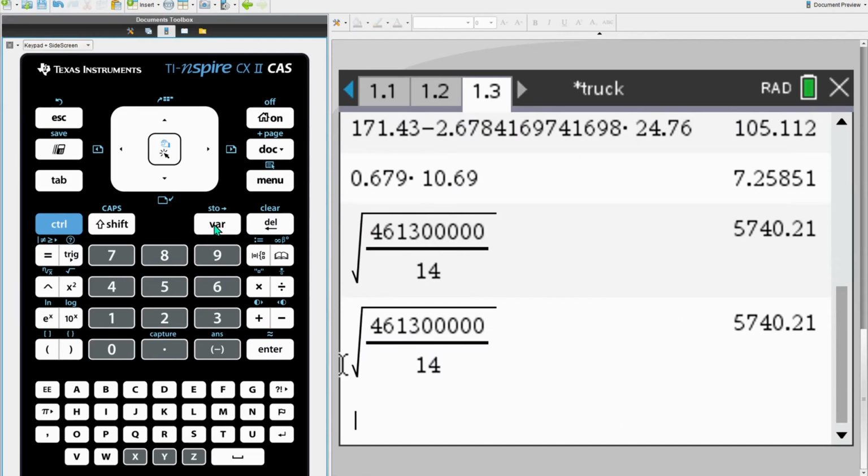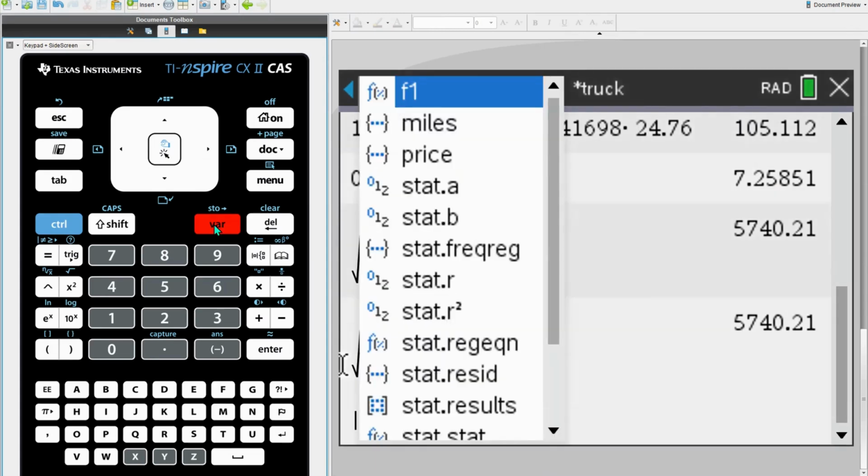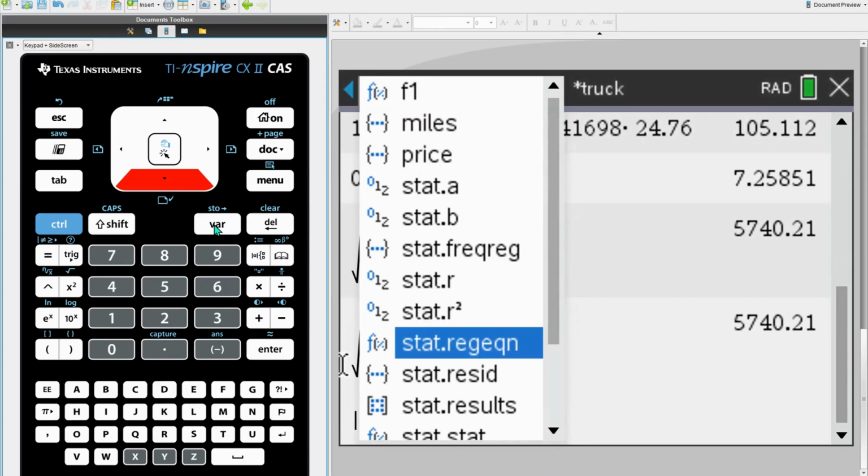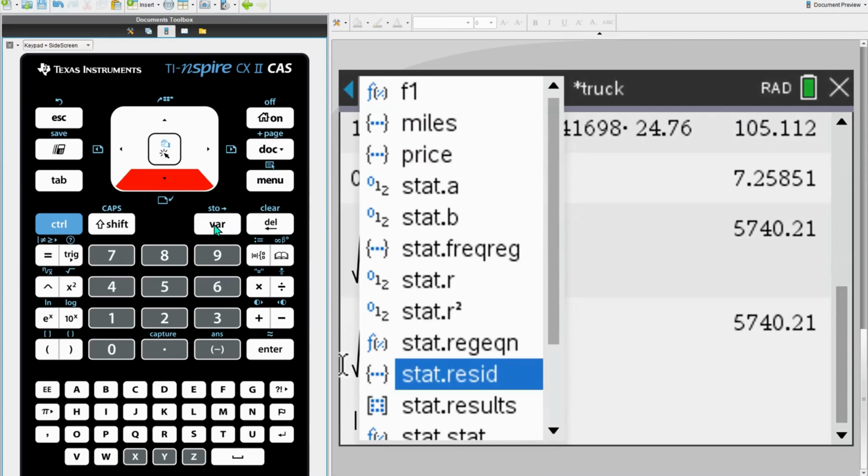under var, there's a pop-up menu of all the kinds of things that have been calculated in this document. And one of the things that got calculated was the residuals. Remember, we did a linear regression, and the action of doing a linear regression is minimizing the squares of the residuals.